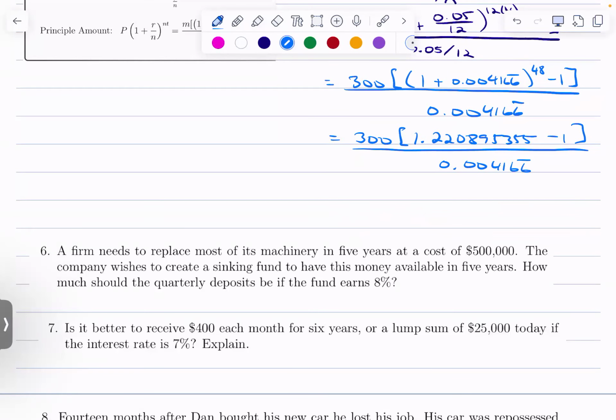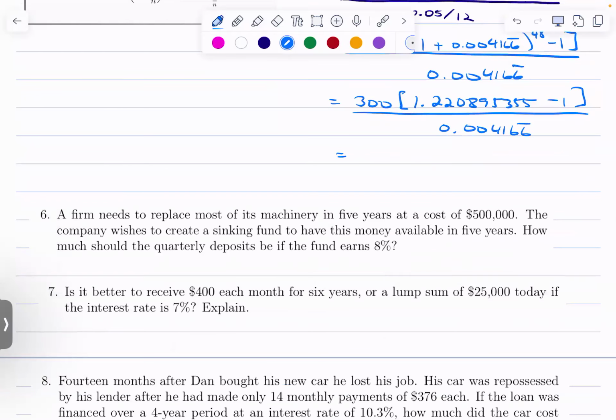That's 300 times that, which is 66.2686061.